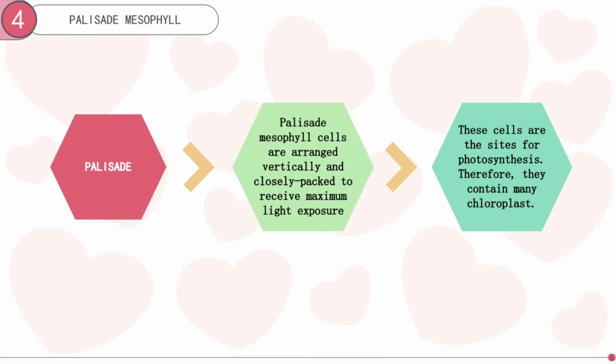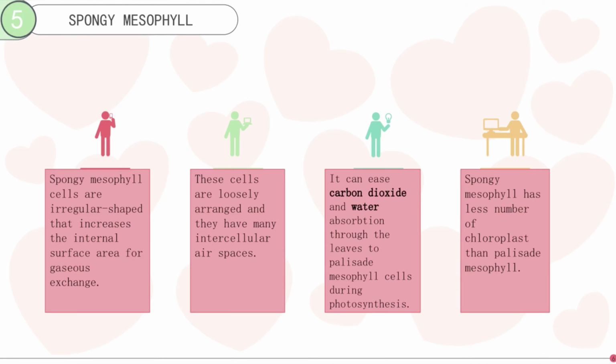Next, palisade mesophyll. Palisade mesophyll cells are arranged vertically and closely packed to receive maximum light exposure. These cells are the sites for photosynthesis, therefore they contain many chloroplasts. Next, spongy mesophyll.